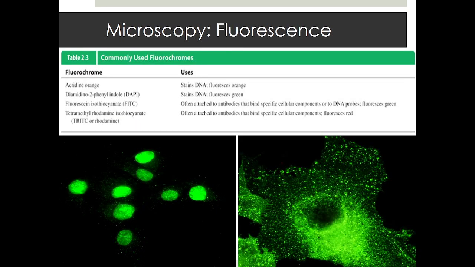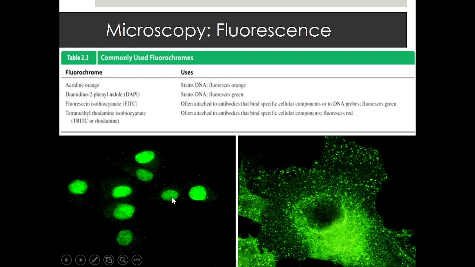When we're looking at different types of fluorochromes that we use for fluorescence microscopy, you will see a variety of different colors that can be observed. DAPI typically binds DNA and it'll be blue or green in nature. You'll often see FITC or TRITC, which are green and red. And you can see in this fluorescent microscopy here, these are some nuclei that have been stained, right?